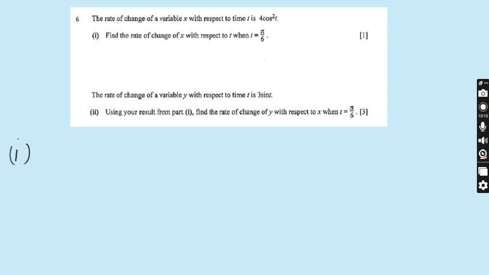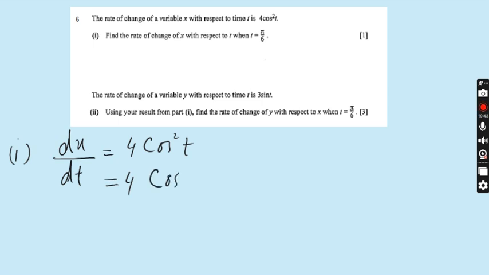Rate of change of x with respect to t means dx by dt, which is given 4 cos square t. Now substitute t is equal to pi by 6. Cos t, t is pi by 6, whole square, 4 cos pi by 6.